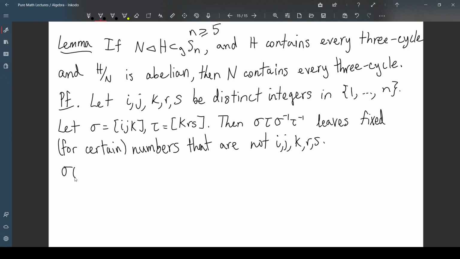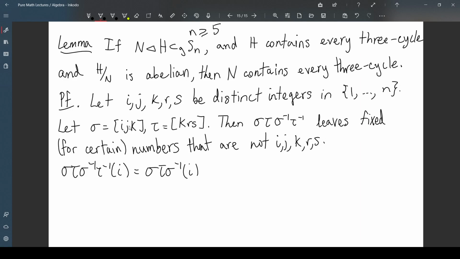So sigma tau, sigma inverse, tau inverse of i. Tau leaves i fixed, so we don't have to worry about that. Now, sigma sends i to j, so the inverse is going to send i to k.